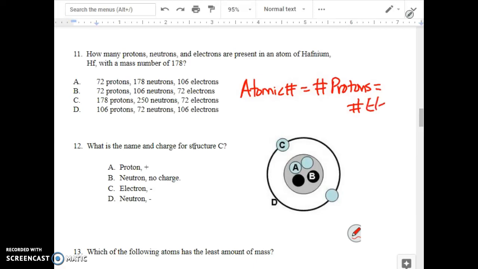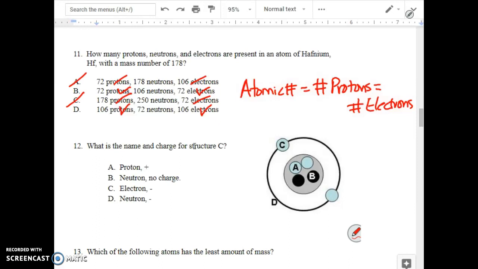So protons and electrons are always equal. So which of these are equal? This one's not equal here, 72 and 106. This one's equal, 72, 72. 178 protons, 72 electrons, and these are equal. So these two can be eliminated.